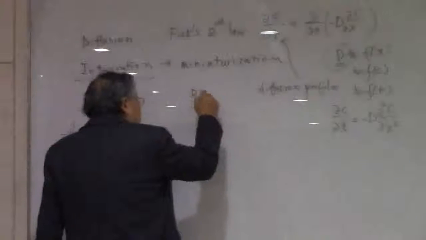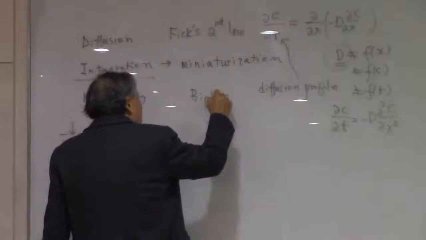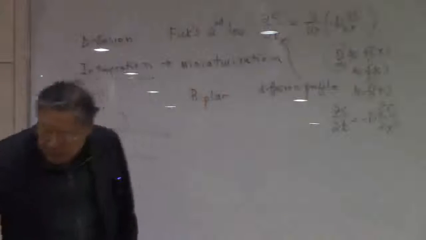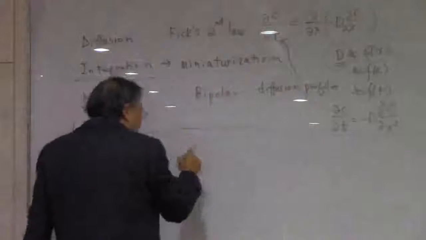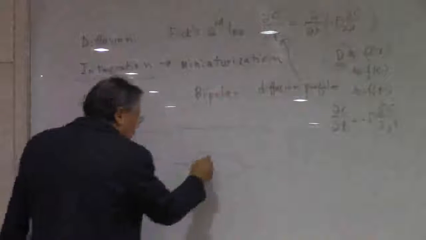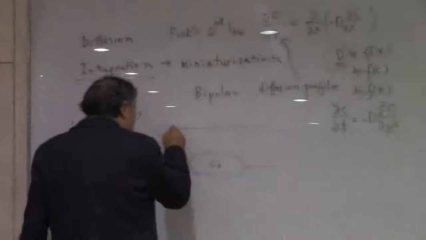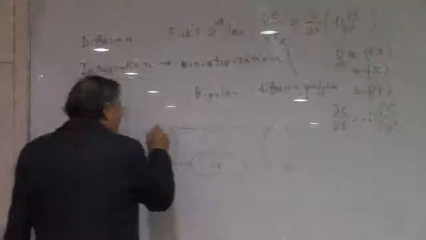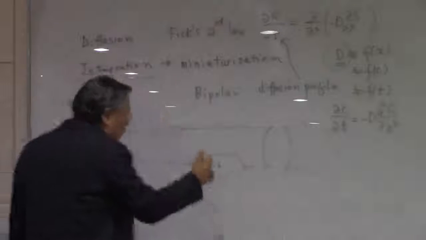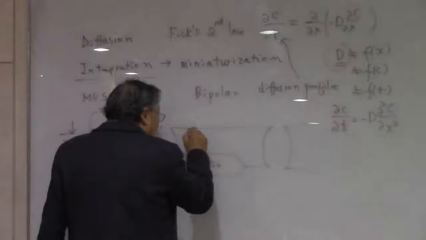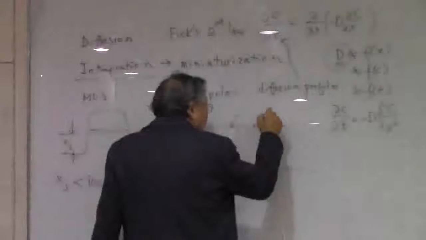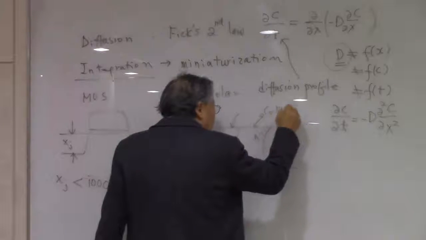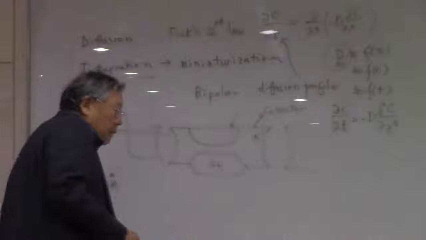For the bipolars, we are having a situation like a buried layer, and then junction separation with the next one, and then let's say this is going to be the collector, and that is the N minus.